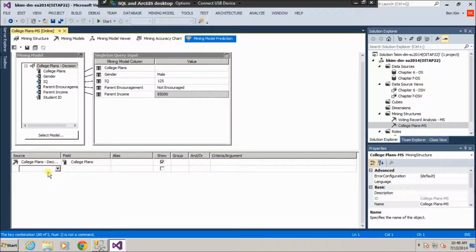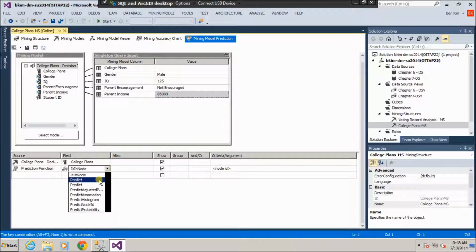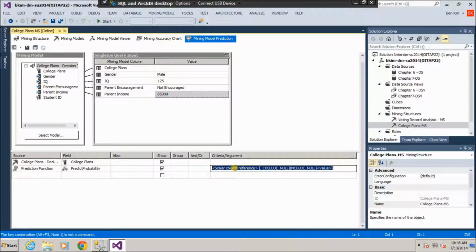So how about we get more data? In that case, let's go to prediction function and predict probability, college plans.